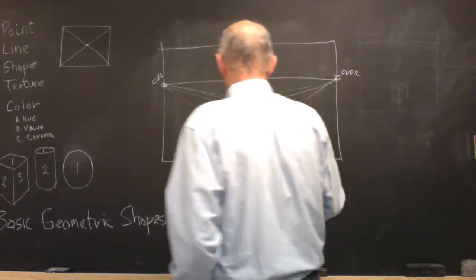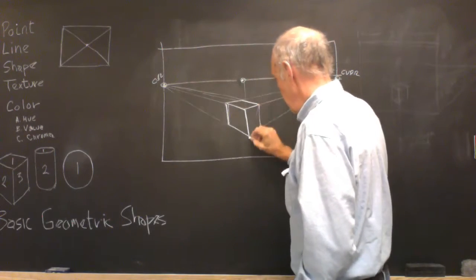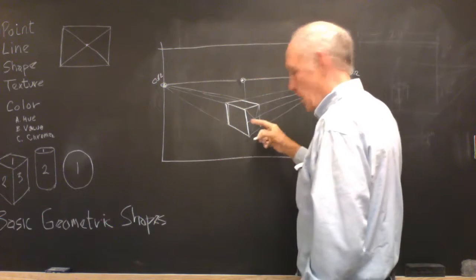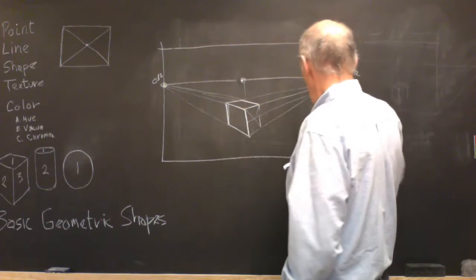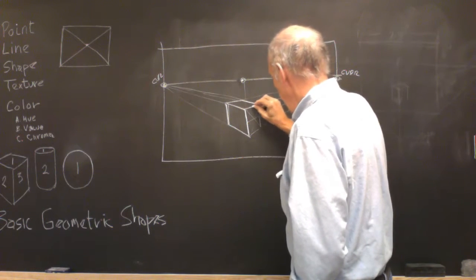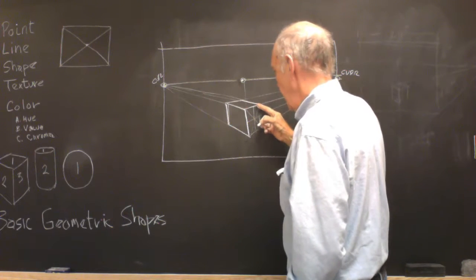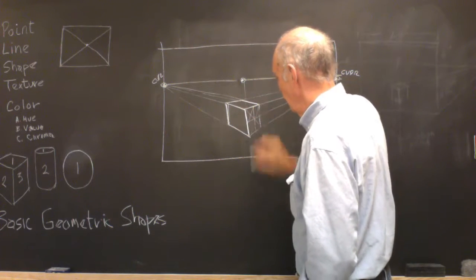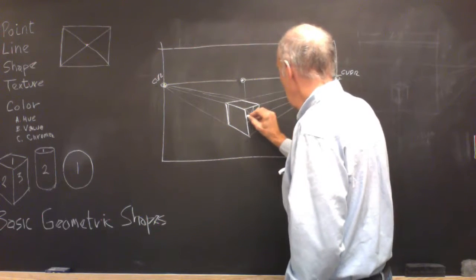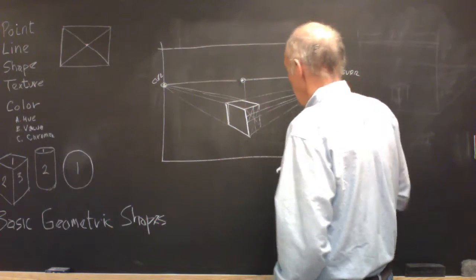Now what I'm going to do is X this and draw a set of parallel lines over here which cuts this in half, and a vertical line which cuts that in half. Then I'm going to X this one right here, and cut that one in half.